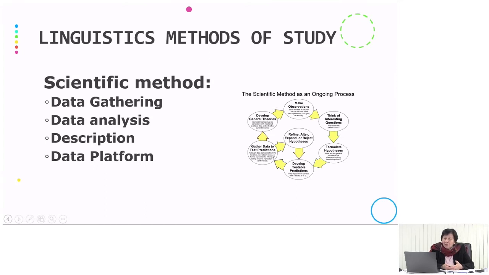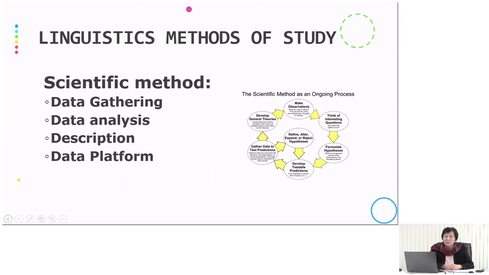Okay, of course, when you analyze something, you have to let people know. You have to present it to the public. You have to write it up. You have to talk about that. You have to explain that. You have to tell people the result of your analysis. We call that description. You have to describe it and make people understand it.